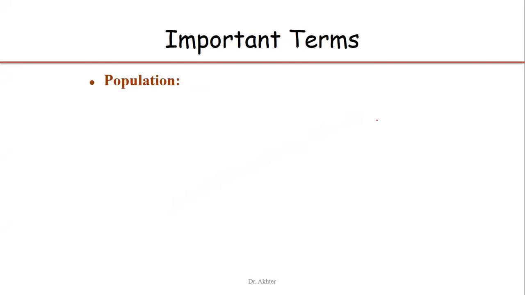Important terms in predictive analysis: a population is a large collection of similar elements, comprised within limits, so a boundary has to be defined. For example, all students studying in IBA is the population of IBA students. Population may be homogeneous or heterogeneous.